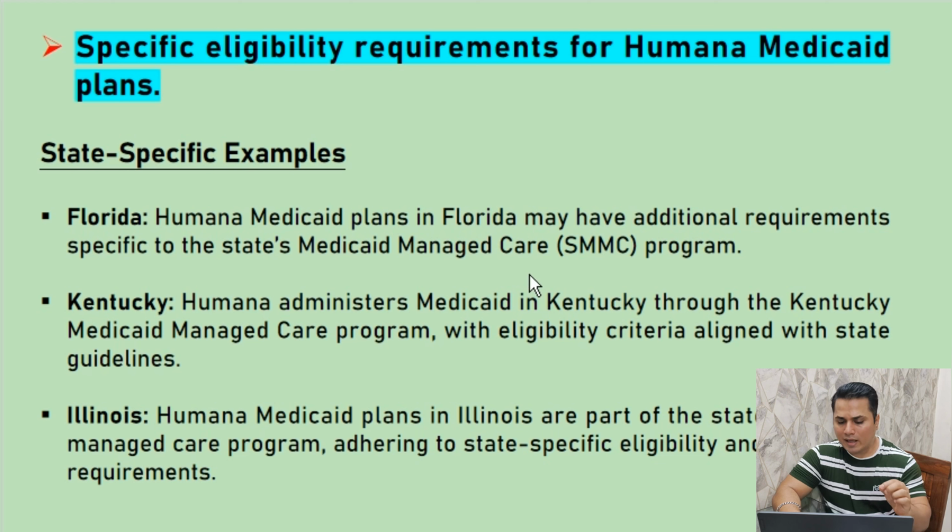Kentucky: Humana administers Medicaid in Kentucky through the Kentucky Medicaid managed care program, with eligibility criteria aligned with state guidelines. Illinois: Humana Medicaid plans in Illinois are part of the state's Medicaid managed care program, adhering to state-specific eligibility and enrollment requirements.